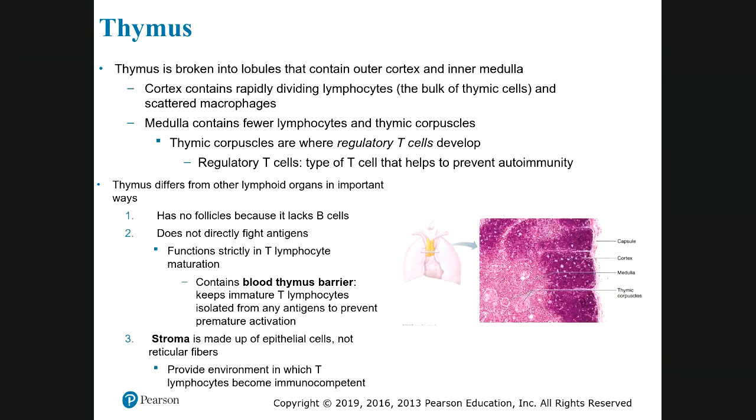So let's look at the histology. As I said, the thymus is broken into lobules that contain an outer cortex and, of course, an inner medulla. The cortex contains lymphocytes and macrophages. The medulla also contains some lymphocytes and some thymic corpuscles that you are seeing over here.